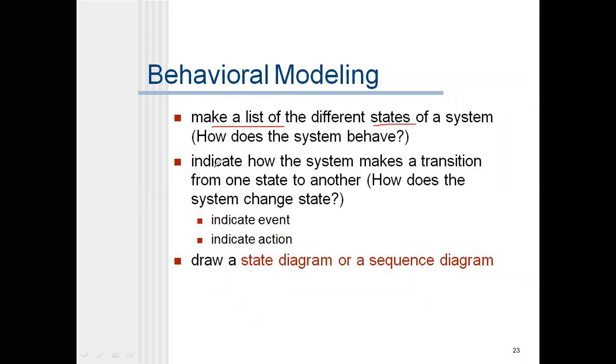After making the list, you need to indicate how the system makes a transition from one state to another state. How are we going to make a relation between one state and another state? Next, indicate the event and indicate the action. By remembering all these, you should draw a state chart diagram or a sequence diagram.